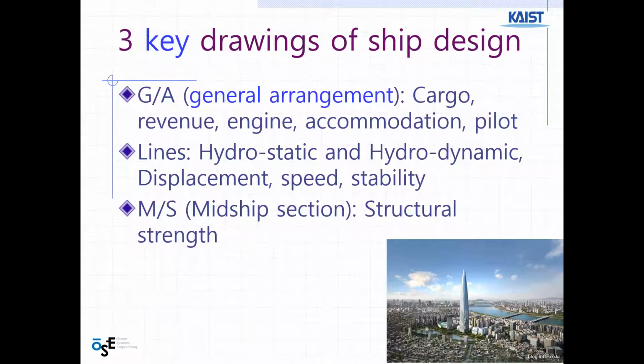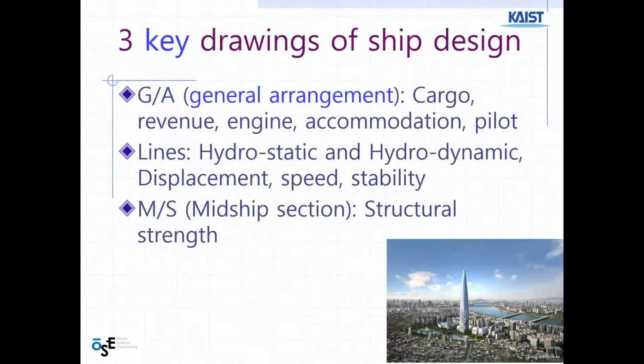Lines is for the outer shaping of the ship. At the bottom of the slide, I showed you a picture of Lotte Tower in Seoul, Korea. I guess this is the highest building in Korea, about 110 floors. Nearby the Han River is flowing.